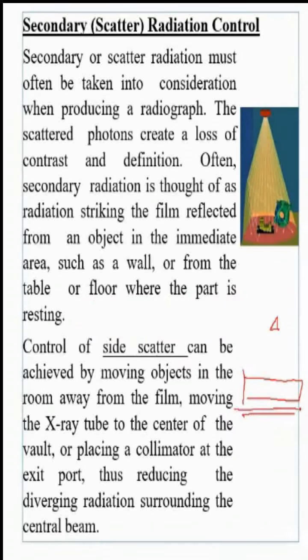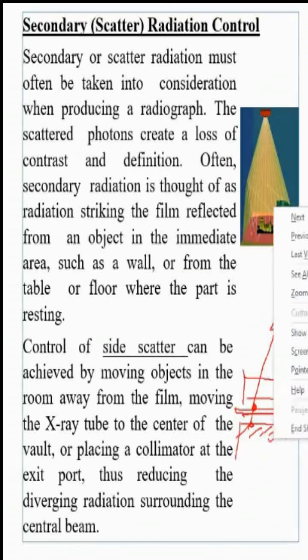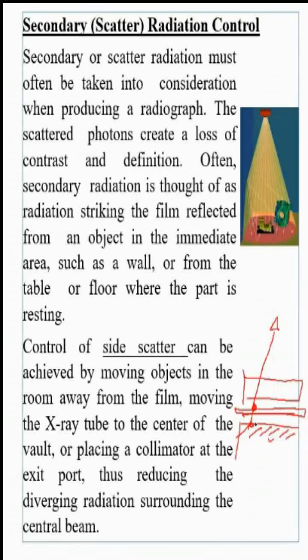Say this is the film, and here we have ground. It is placed on ground. So what happens is radiation exposes the film. It doesn't stop over here. It again goes back, and from this point also it gets back.